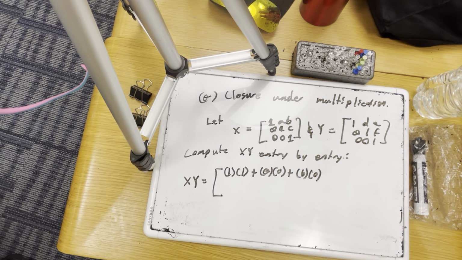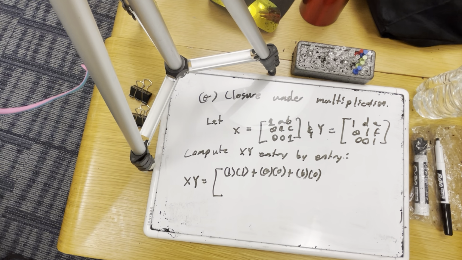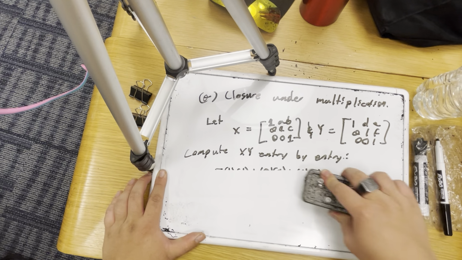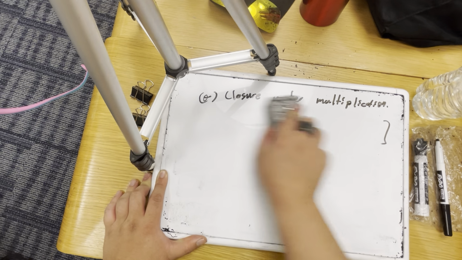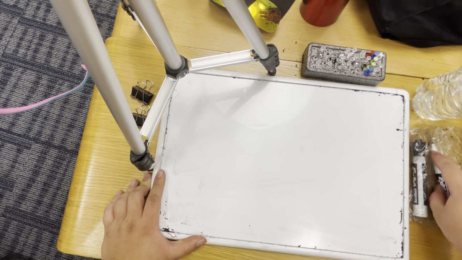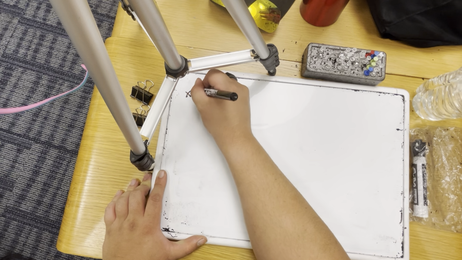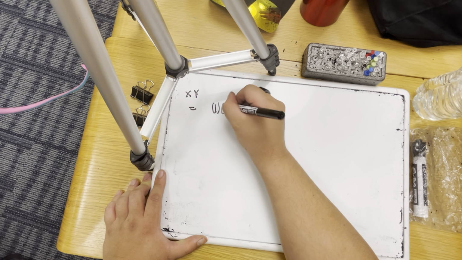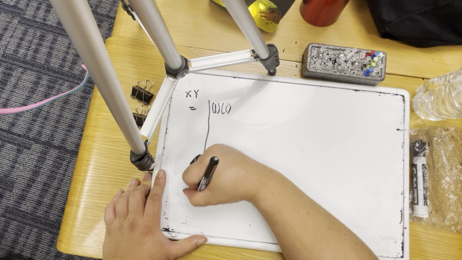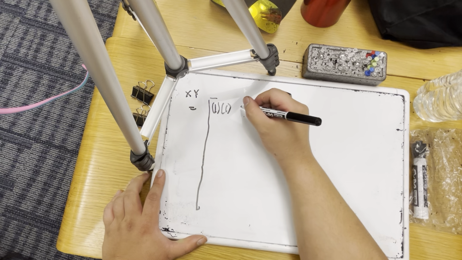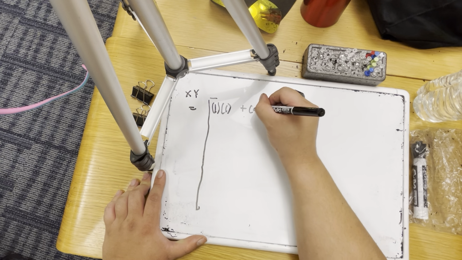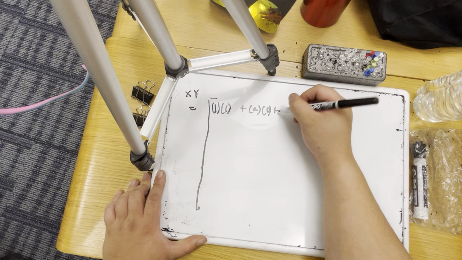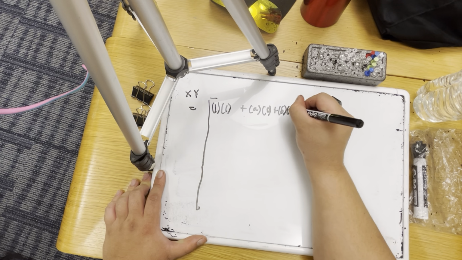And then, well, this is actually going to take up a lot more room than I expected. Let me just erase this and start over with the matrix computation there. XY is equal to 1 times 1, just in case, plus A times 0 plus B times 0.